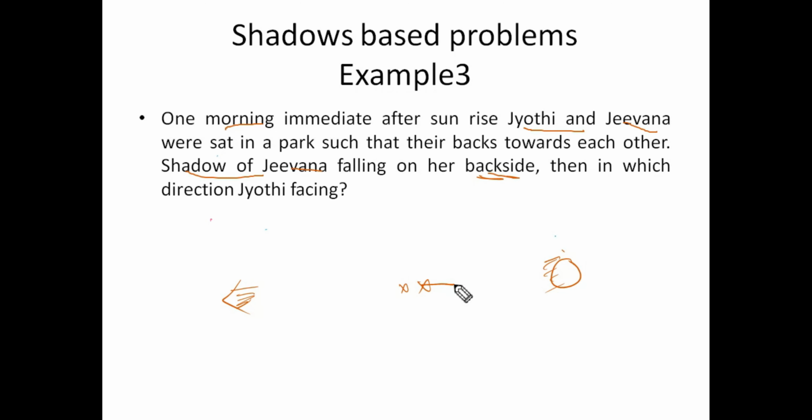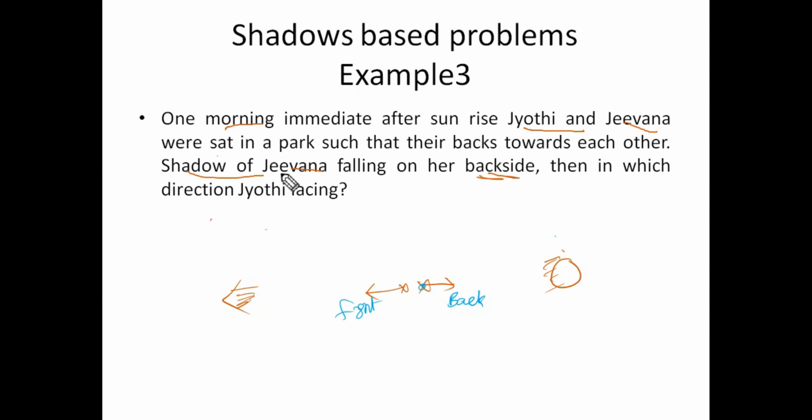The two persons are facing opposite directions, means their backs are towards each other. In this case, for this person, the shadow is in front, and for this person, the shadow is on the back.